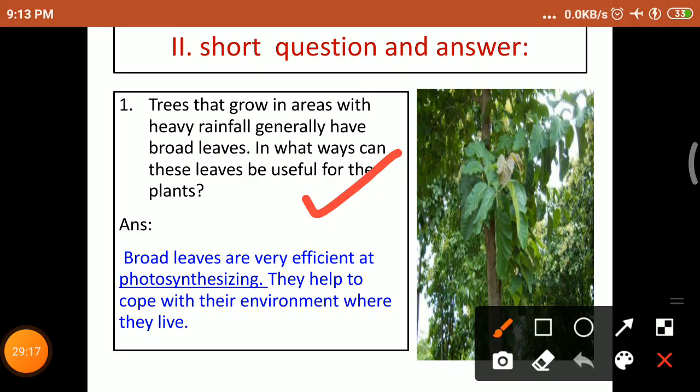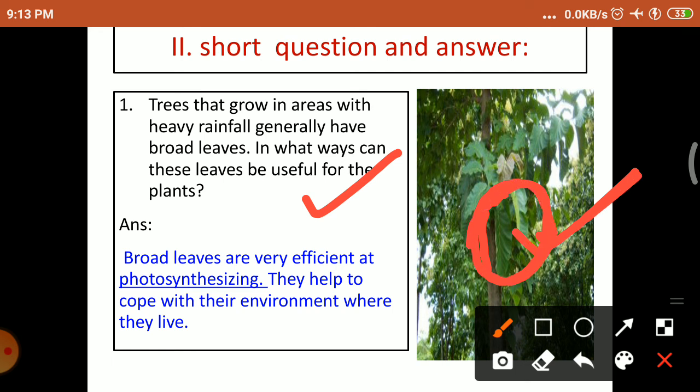In what ways can these leaves be useful for the plant? Look at this diagram. This is a teak tree. It grows in heavy rainfall areas. And look at the leaf of this plant, it is a broad leaf. So what is the use of this broad leaf?